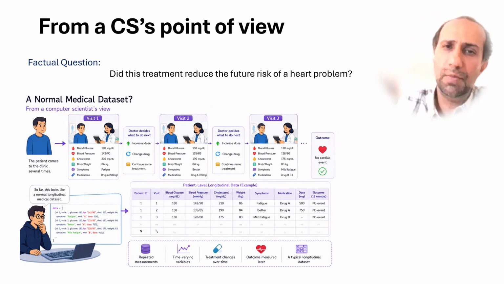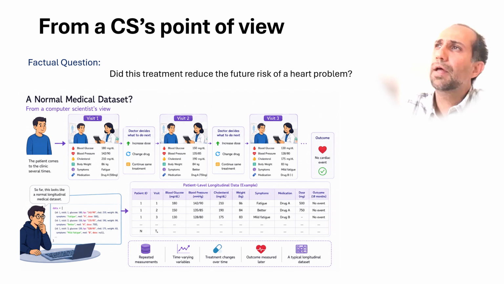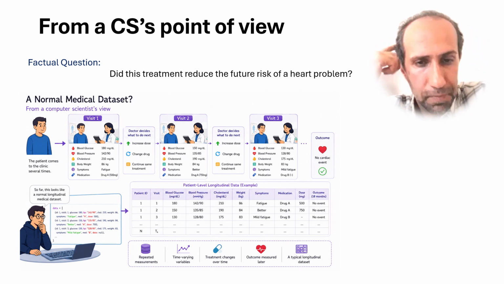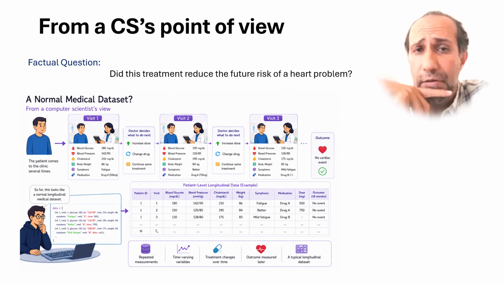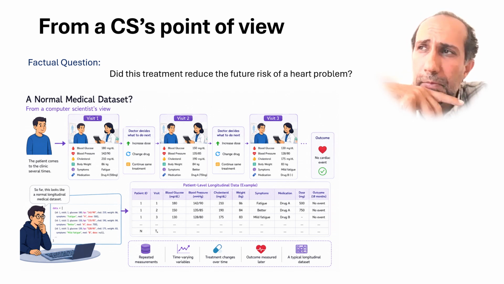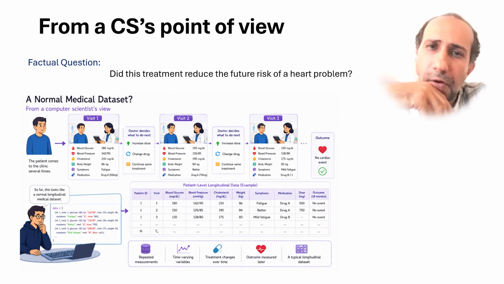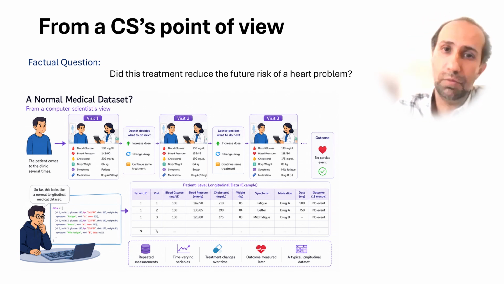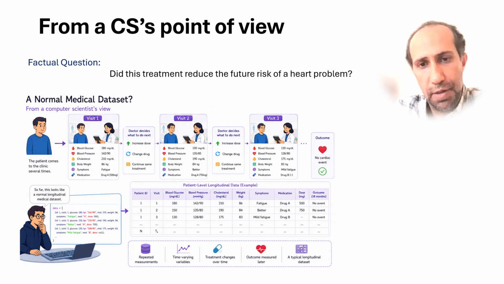But generally, we can frame it as tabular data. If we come across a counterfactual question, how could we model this problem? This is a question I would like to answer in the next slide.